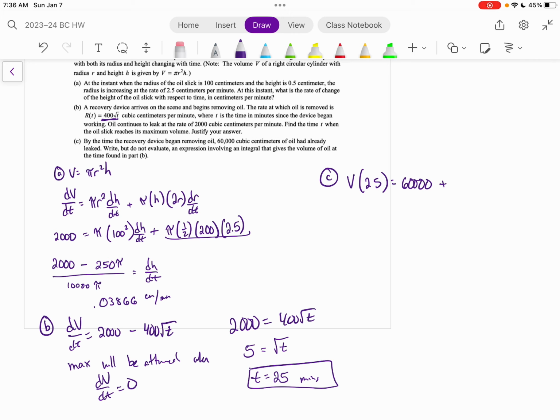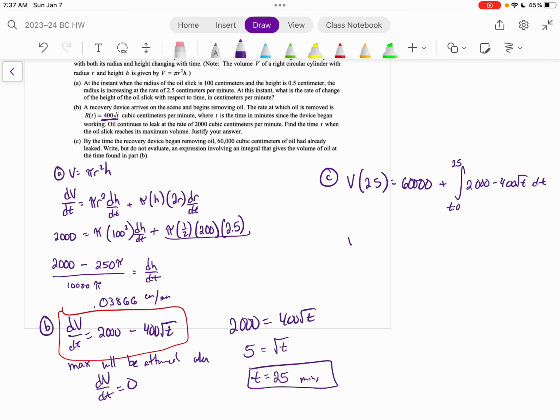Well, I guess we could just give two expressions. We could either integrate this thing down here and say, I know this is going to be the integral from t equals 0 to 25 of the rate. And that's certainly fine. Or we could pull that 2,000 out.